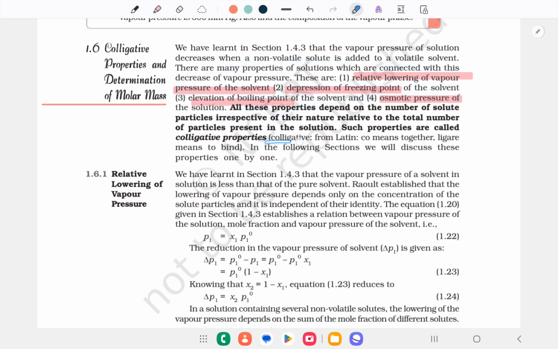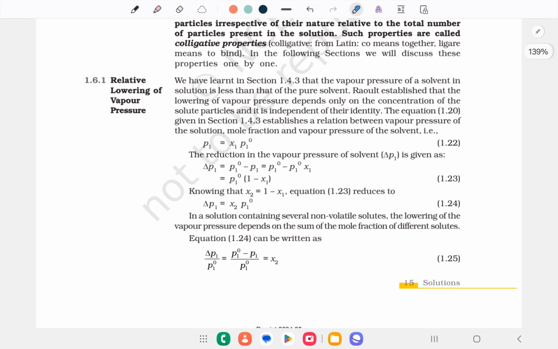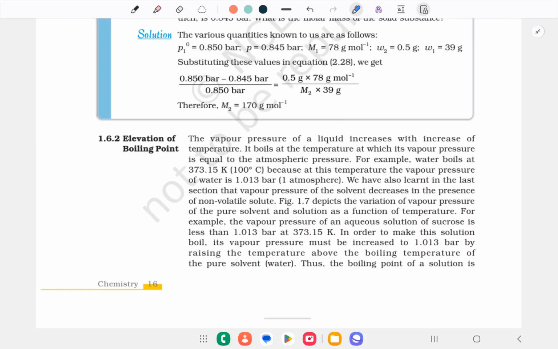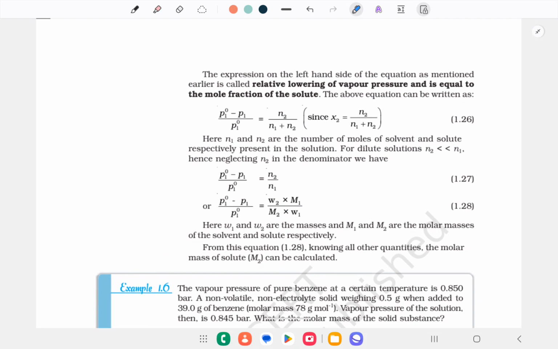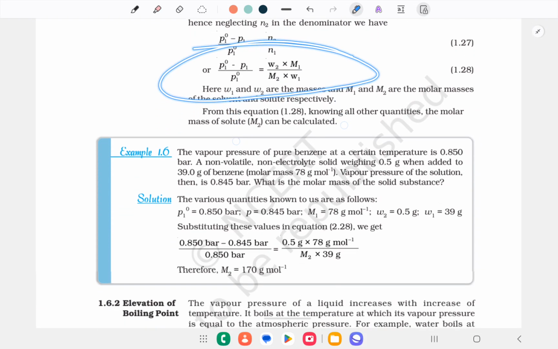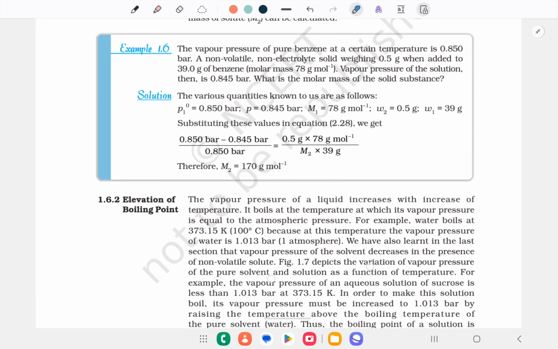The word colligative comes from Latin, where co means together and ligare means to bind. First, the relative lowering of vapor pressure: we understood what it is, how we get the equation and what the final equation is. In-text questions and example questions are provided.